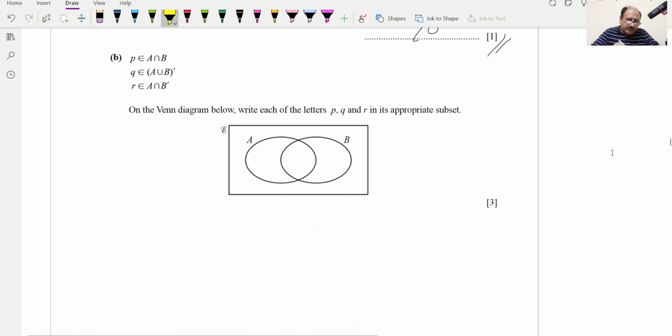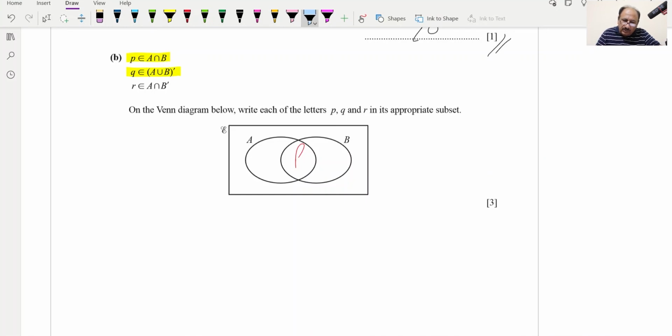This is 1 mark part. Now b part, P belongs to A intersection B. A intersection B is this region. So we can write here P will be over here. And then Q belongs to A union B complement. A union B complement is which one?